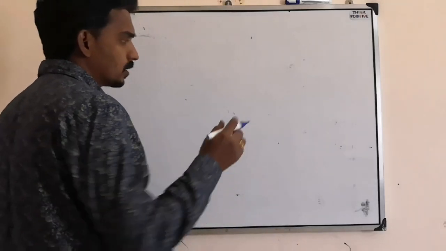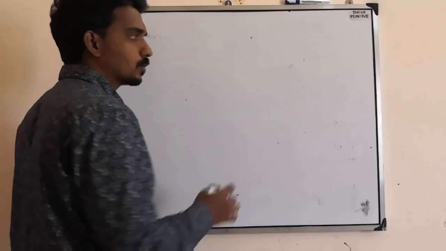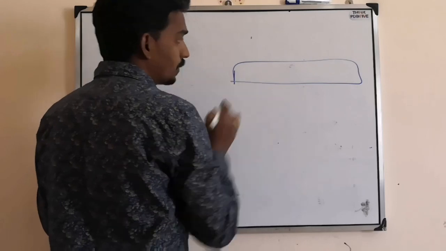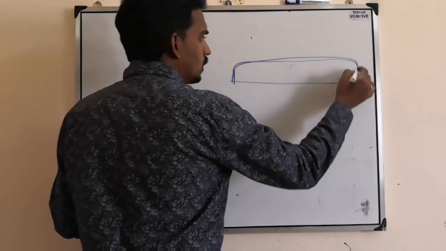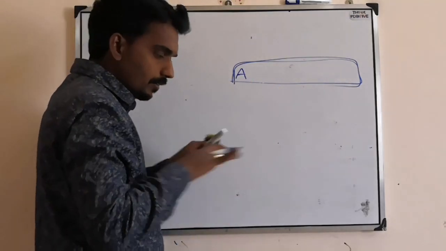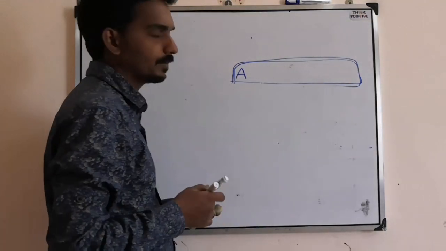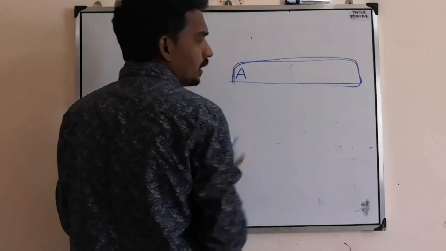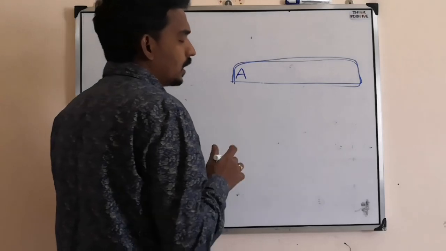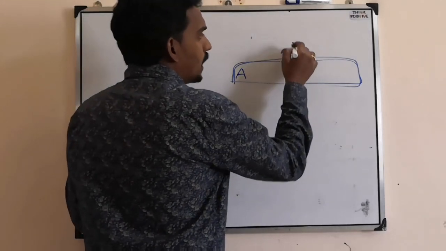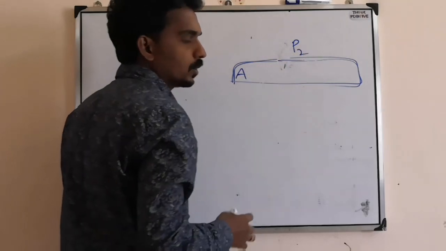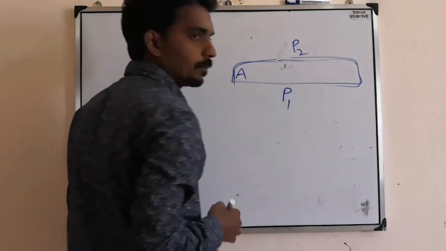And after that, an application of Bernoulli's principle you can see in the case of a flight wing. Consider this is the surface area A of one of the wings of an aeroplane. Here, when the aeroplane is moving on the runway, the pressure above the wing let's take P2, and below take P1.